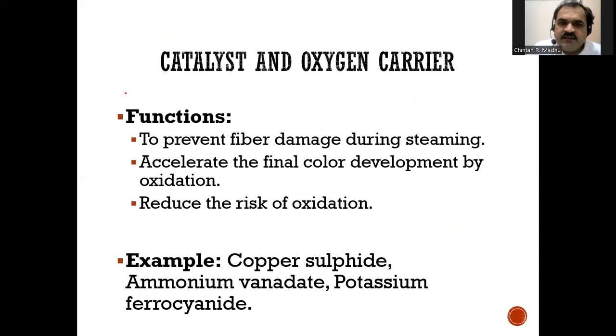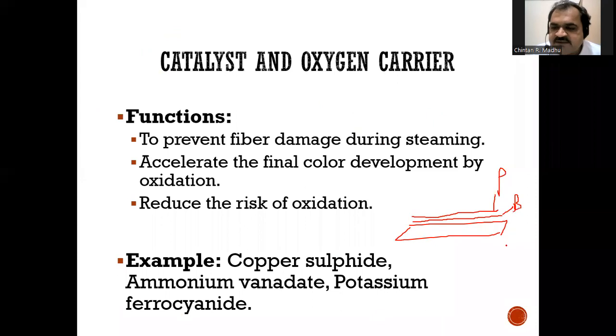Now catalysts and oxygen carriers are very rarely used in printing paste, but when I am printing a pigment, what is the principle of pigment printing? Suppose this is your fabric, here is your binder, and here is the pigment.